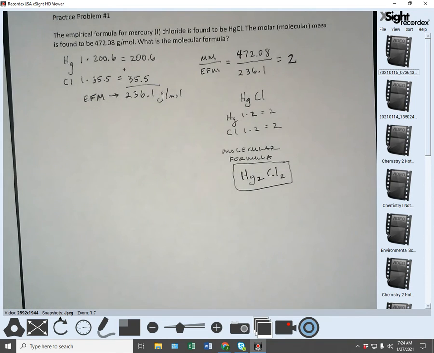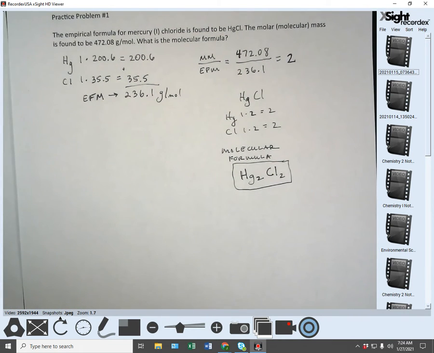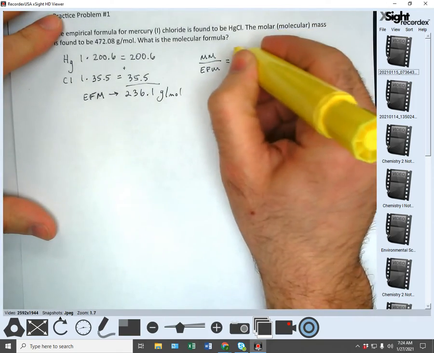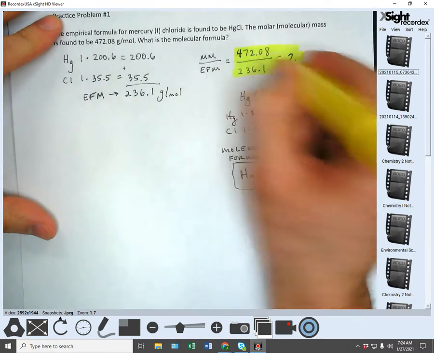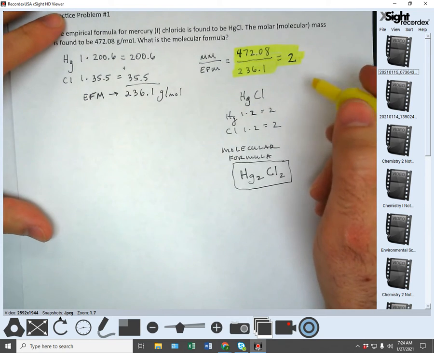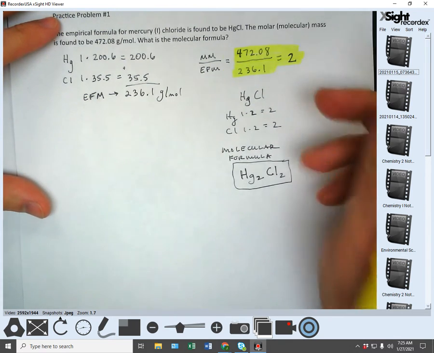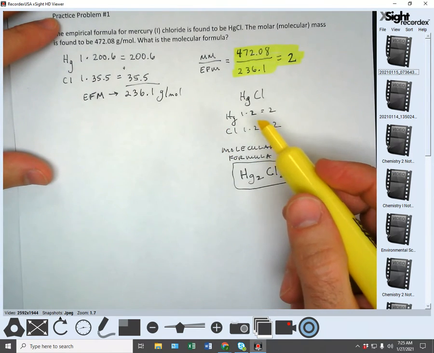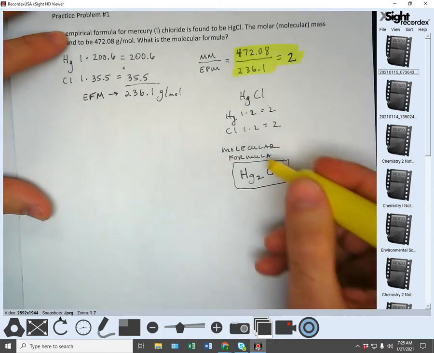Okay. All right. What do you need to show in terms of work? You need to show for sure this part, and obviously you have to show the answer.